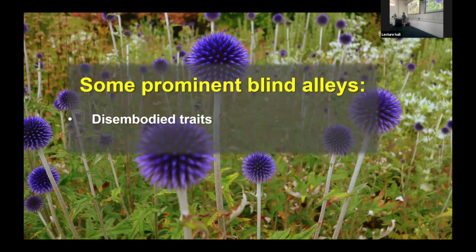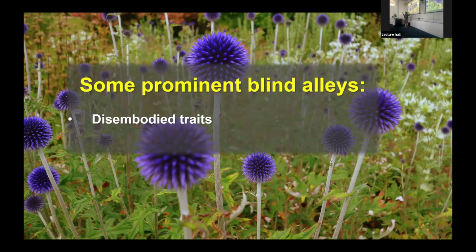That's what I call the disembodied traits, because the trait is typically looked at in response to climate or disturbance or whatever, but is considered without taking into account the fact that the trait comes assembled together with other traits in a whole organism phenotype.